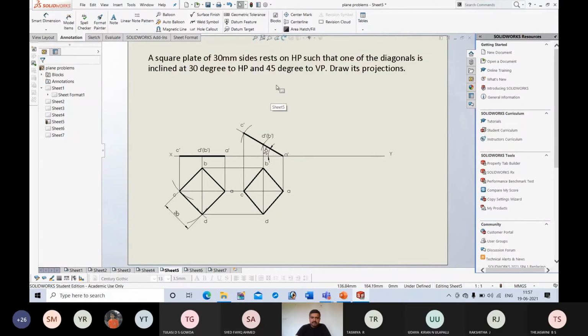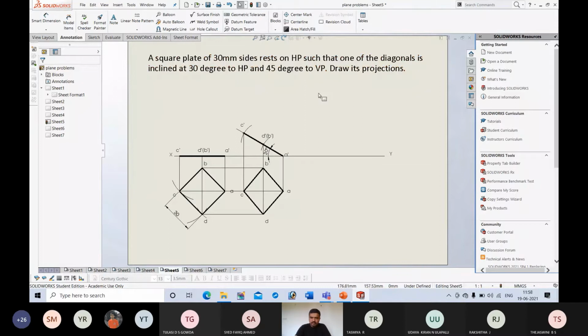So inclination with respect to VP, 45 degree to VP. Okay, whether diagonal is inclined at 30 degree to HP and 45 degree to VP. Now we satisfy the first condition, 30 degree to HP. Now diagonal is inclined at 45 degree to VP.